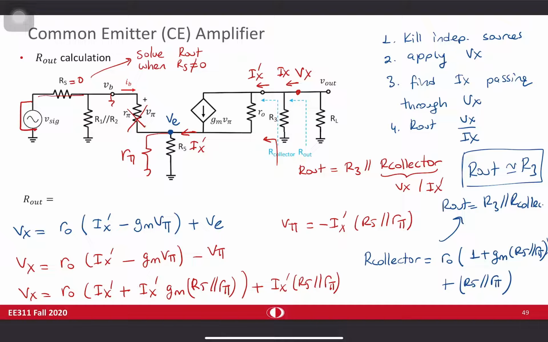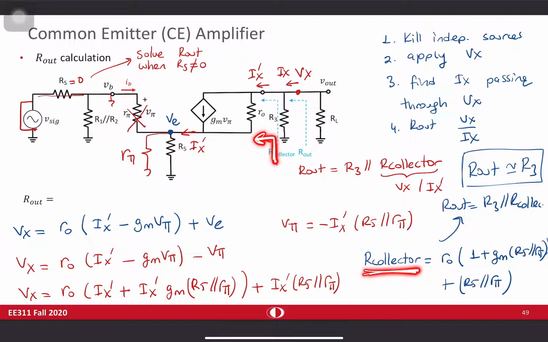We can have more discussion in here, like the effect of R pi. Because of this R pi, it's the limiting factor. Gm times R pi will be beta, so the resistance R collector that you can see from here can be at most 1 plus beta times R0. It cannot be larger than that, but that is out of scope of this course.